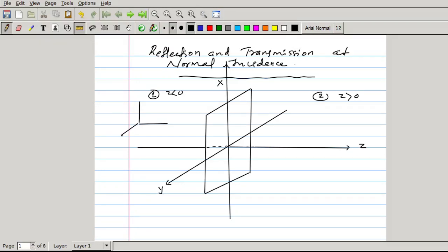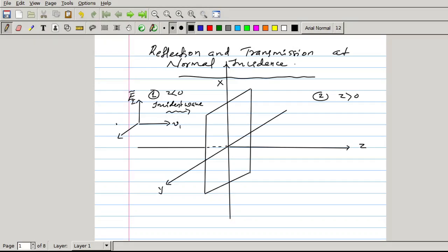The velocity v1 is along the positive z direction. I am representing the electric field vector of the incident wave as EI. The wave is incident from left to right on this dielectric media.